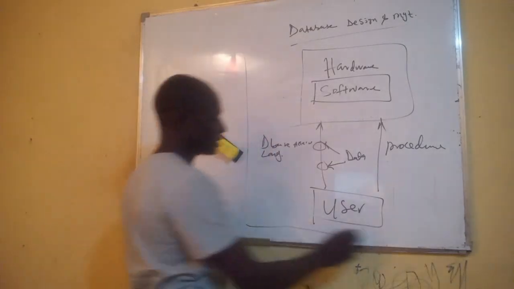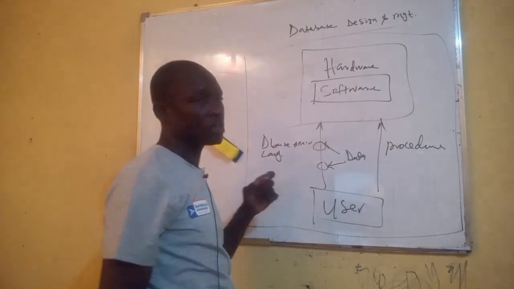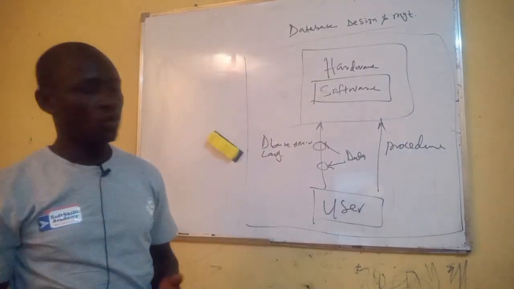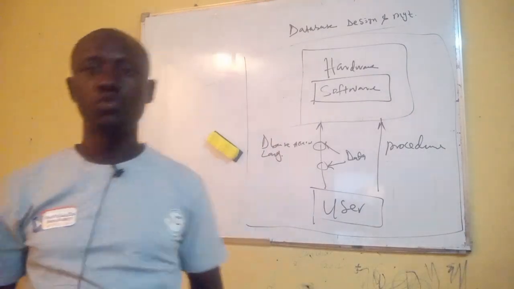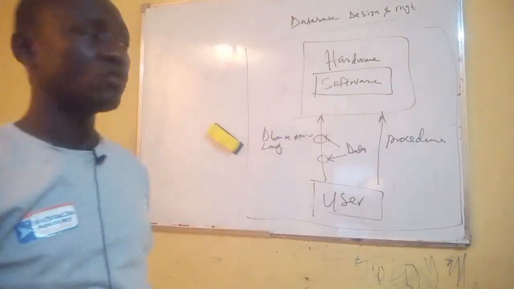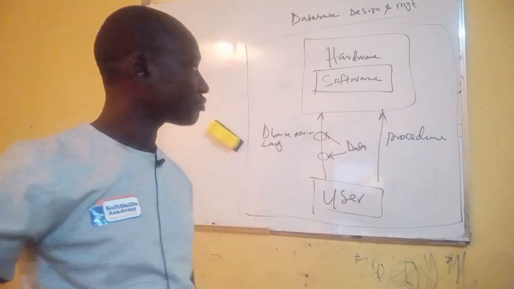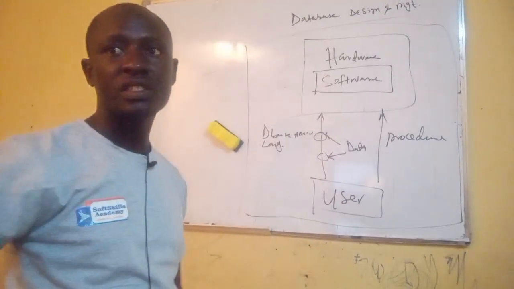So in all, you can put this as the data component of the database management system. So this is it again. Any issue regarding this database management system, don't hesitate to drop any observation, comment, or query in our comment section, please.